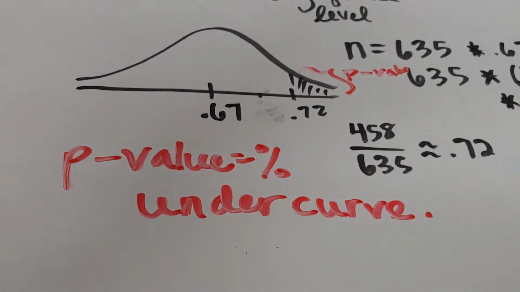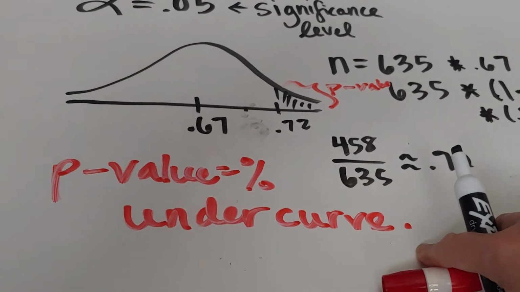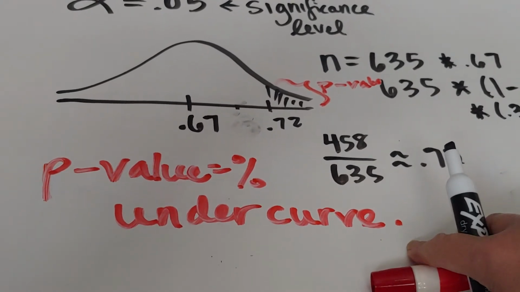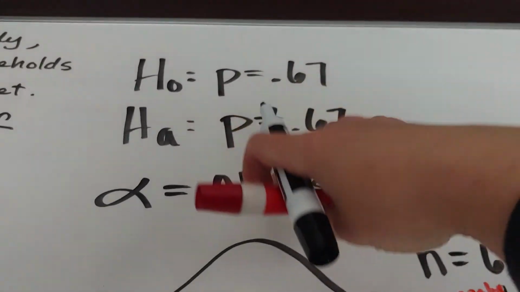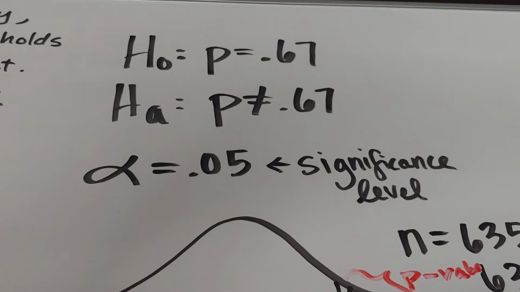Now what we're looking for is we want to know if that percent under the curve is smaller than 5% or if it's bigger than 5%. Why 5%? Because that's our measuring stick we always use, alpha is 0.05.